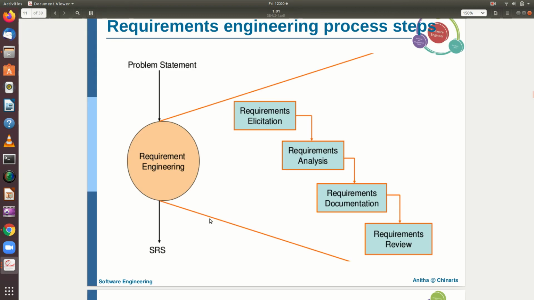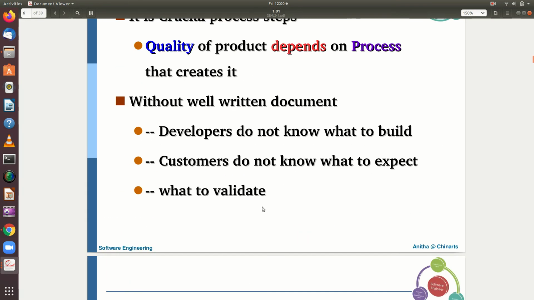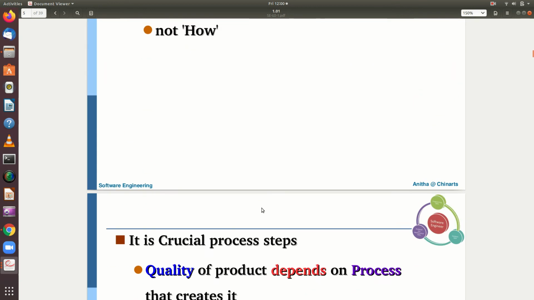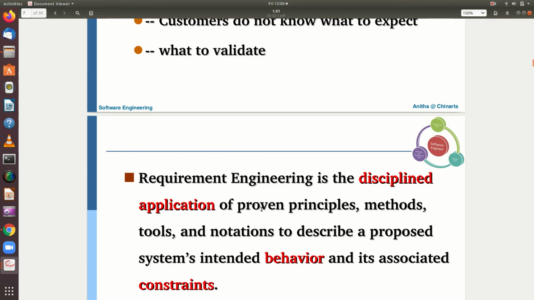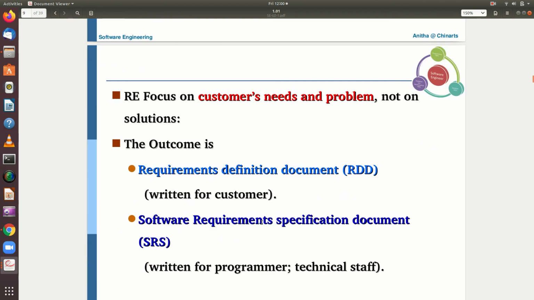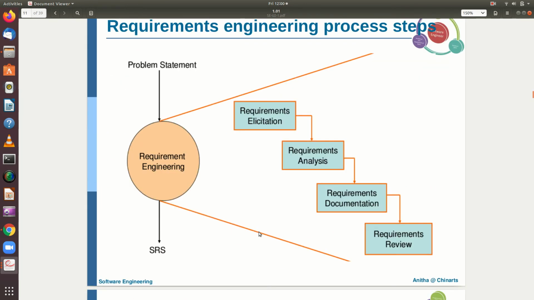Then we also discussed what we mean by a requirement. Then we talked about what is requirement engineering. Then we discussed what are the different steps in requirement engineering.